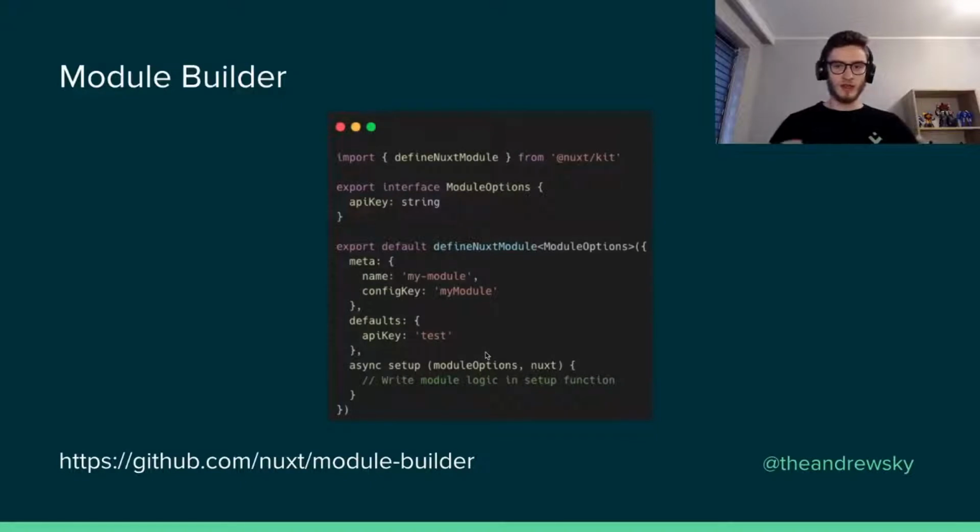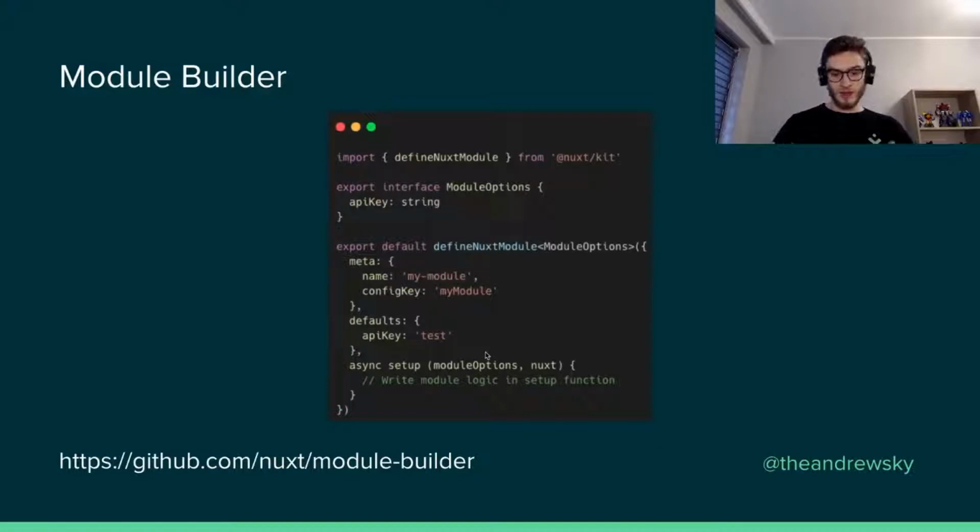In Nuxt 2, there was a template module repository on GitHub that you could use to create your own modules. However, for Nuxt 3, the Nuxt core team decided to create a new module template called Module Builder that allows you to very easily create new Nuxt modules with things like out-of-the-box TypeScript support and out-of-the-box build support with unbuild.